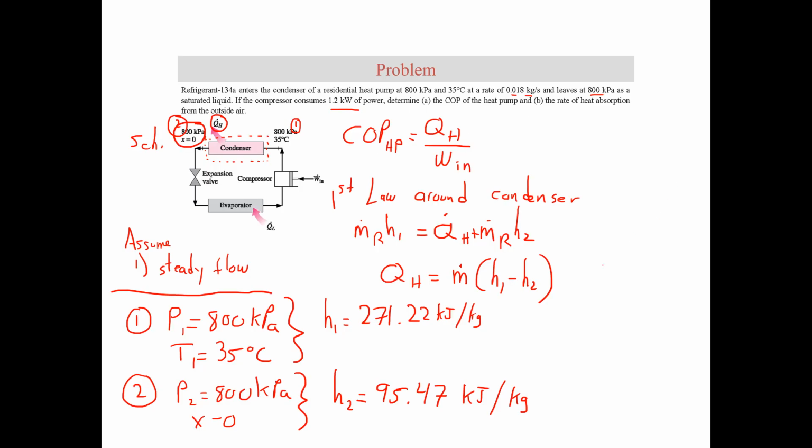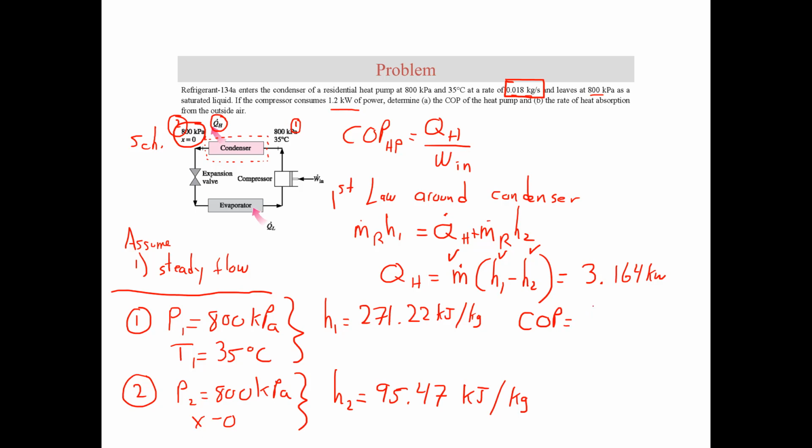So I can take those numbers and plug them into the equation that I did from the first law. I know m dot, it's given to me as 0.018 kilograms per second. I have H1, I have H2. I can compute that QH is 3.164 kilowatts, and I can calculate my coefficient of performance.